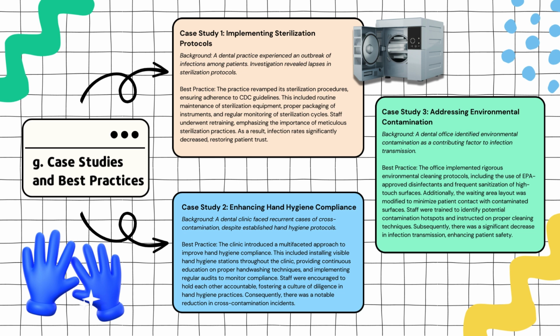Additionally, the waiting area layout was modified to minimize patient contact with contaminated surfaces. Staff were trained to identify potential contamination hotspots and instructed on proper cleaning techniques. Subsequently, there was a significant decrease in infection transmission, enhancing patient safety.